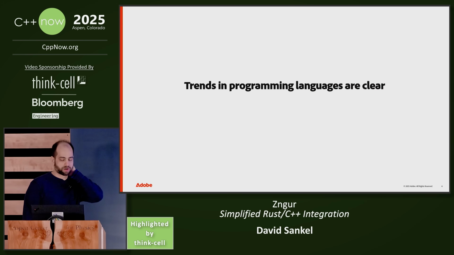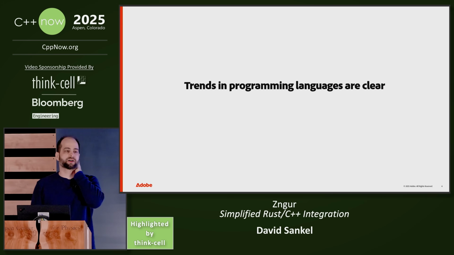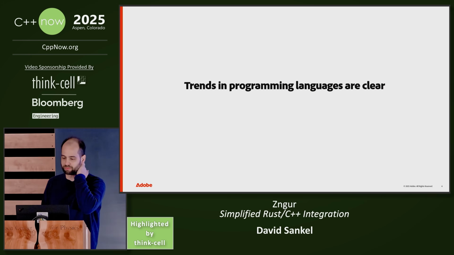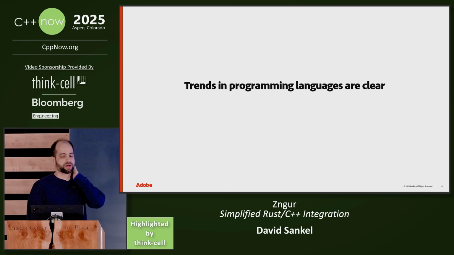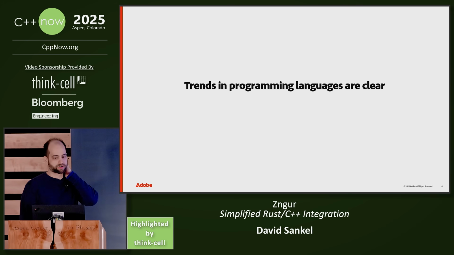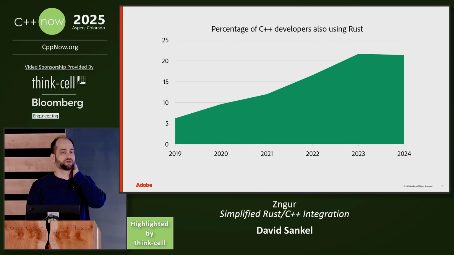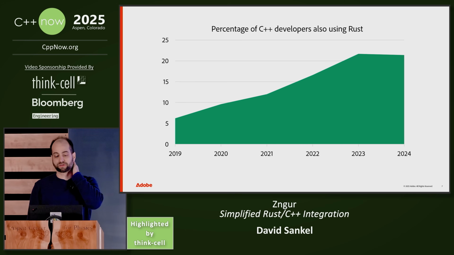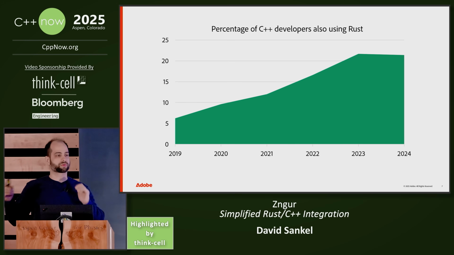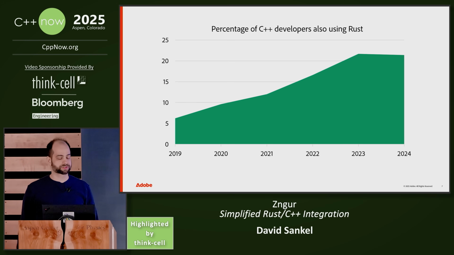But there are also trends in programming languages. If you take a look at the data, which is something that I do often, you can see that there is a growing percentage of C++ developers that are also using Rust as part of their day-to-day workflows.